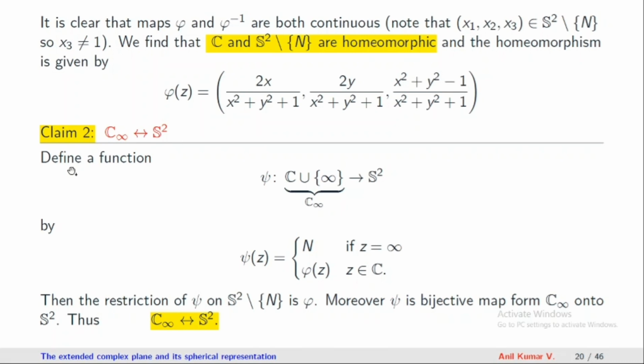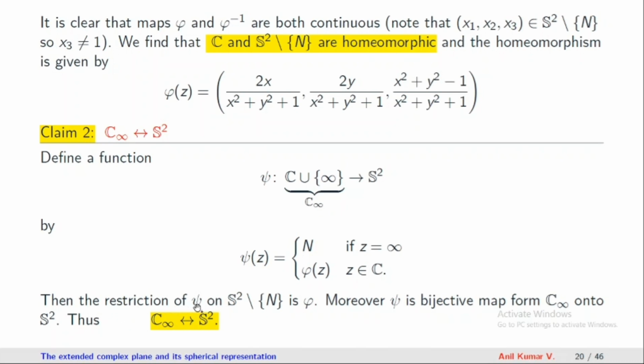To prove this, define a function psi from C infinity to S2 by psi of z is equal to N if z is equal to infinity. That is, the point at infinity is mapped onto N and the remaining points are mapped onto the spherical images.